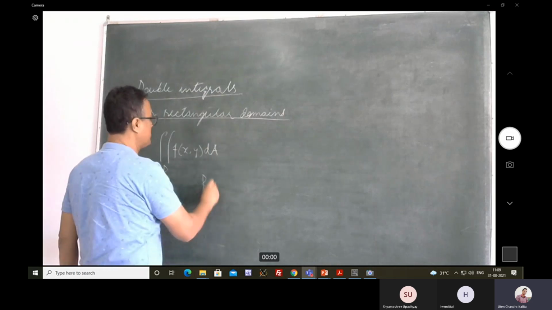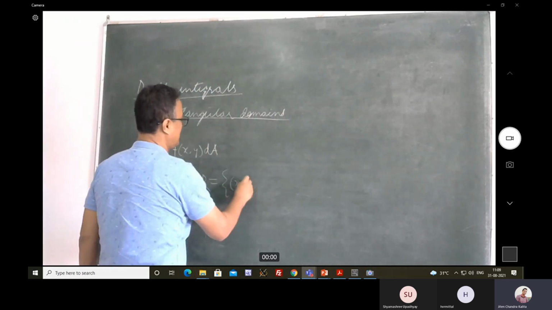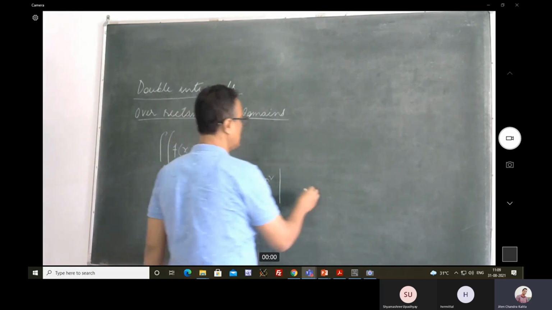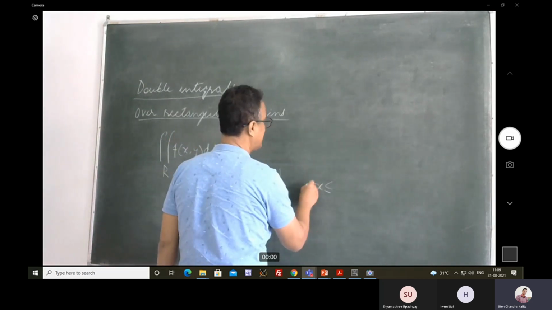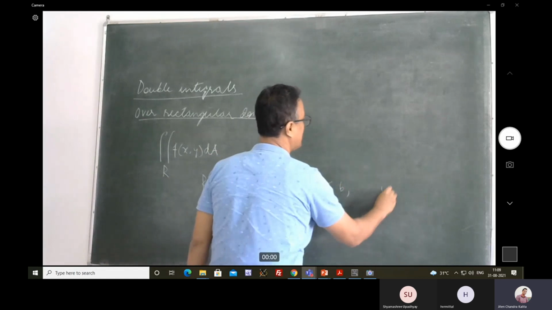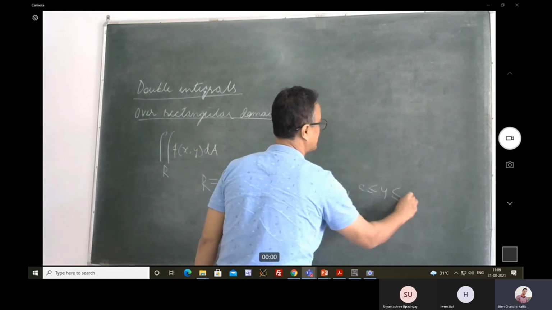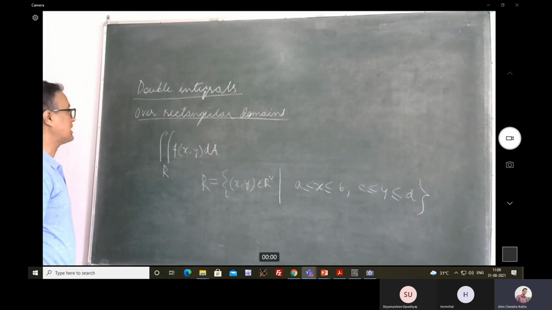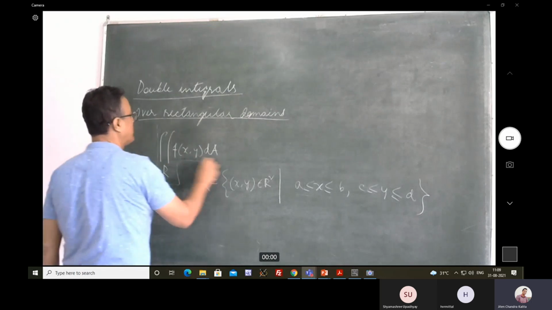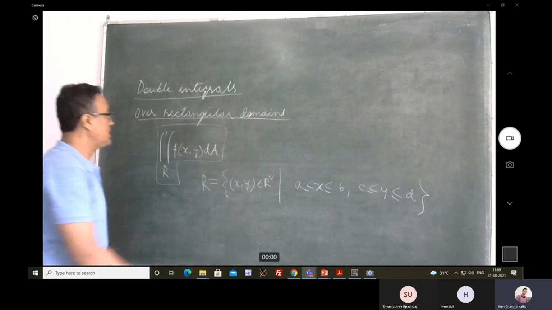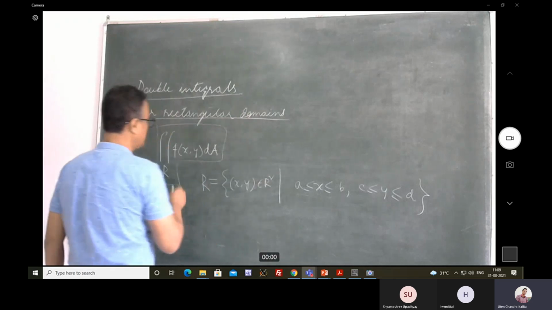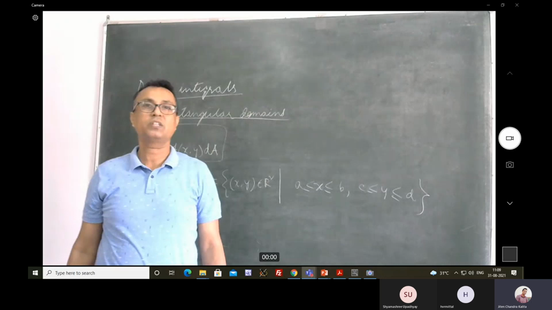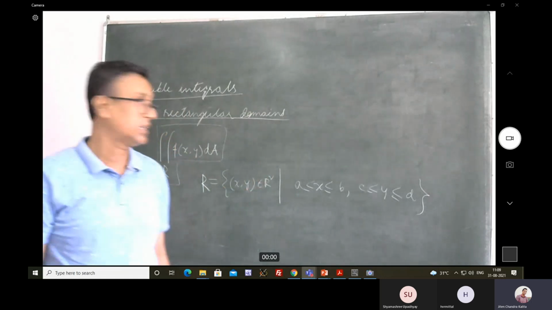And rectangle R was simply defined as the set of all the points belonging to R2, where x lies in some interval [a, b] and y lies in some interval [c, d]. I also told you that this is one of the simplest cases because the domain R is not necessarily a rectangle all the time, but we'll come to that later on.